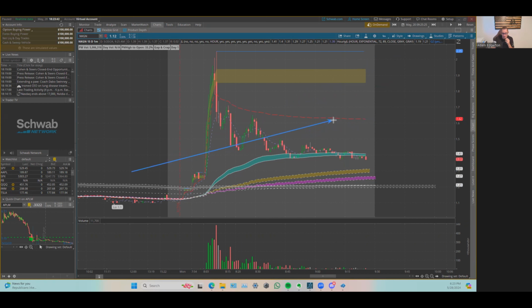This is the VWAP, the volume weighted average price, which means that a lot of the volume over here was done up around here, and it starts dropping down. A lot of bullshit rooms use the VWAP. I don't have any use for the VWAP. I just like to see it to kind of gauge where the volume is trapped at, I guess.